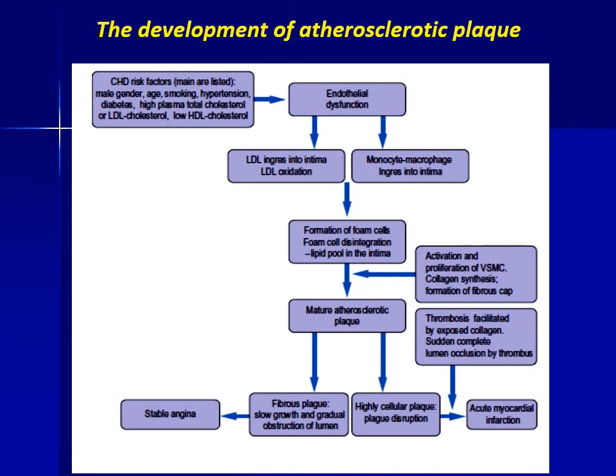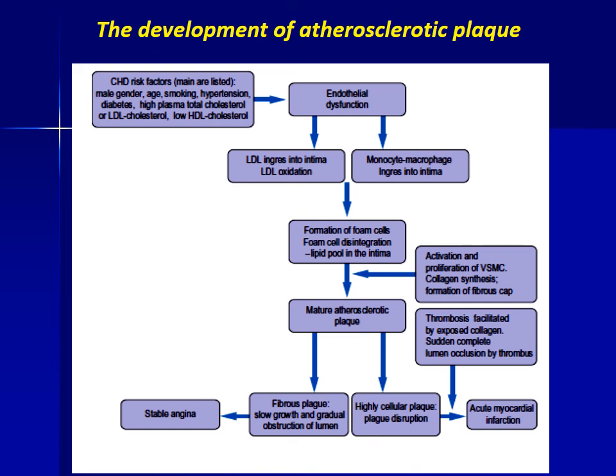This flow chart shows the development of atherosclerotic plaque. The cardiovascular risk factors damage the endothelium. This leads to penetration of lipids and cells into the intima. Activation of macrophages leads to a cytokine response and to activation and proliferation of smooth muscle cells.